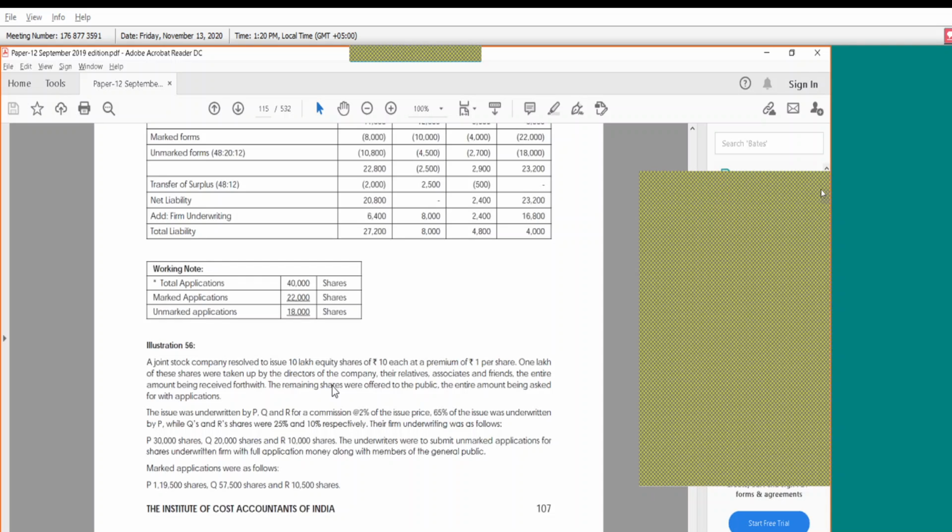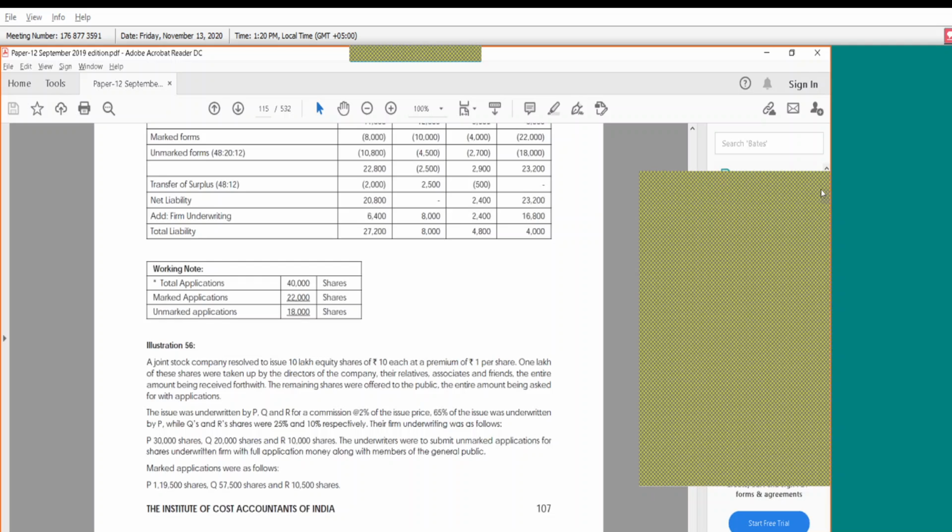That 9 lakh only may be covered by the underwriting agreement also. So the issue was underwritten by P, Q, R for a commission of 2% of the issue price. 65% was underwritten by P, Q is 25%, R is 10%.